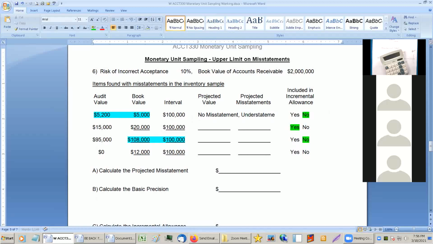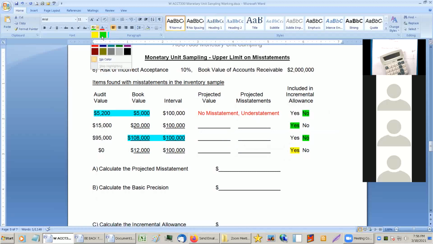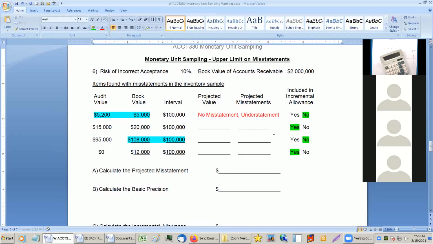And this method is not supposed to catch those, and when it does, it ignores them. Kind of childish, but so these 3 will have misstatements. Two of those will be an incremental. So you have 3 misstatements. These 2 will be an incremental. This one will have a misstatement, but it won't be in the incremental. It'll only be up here.